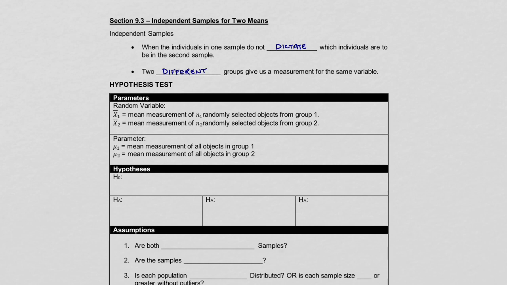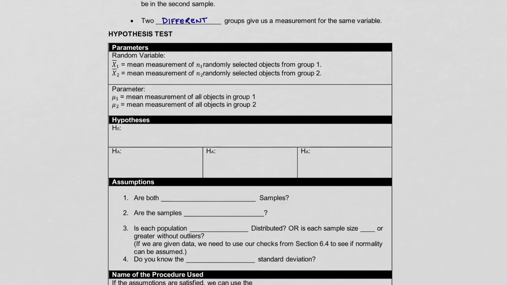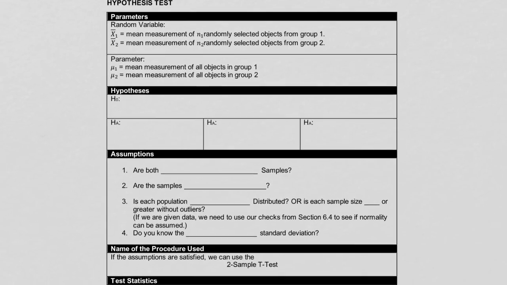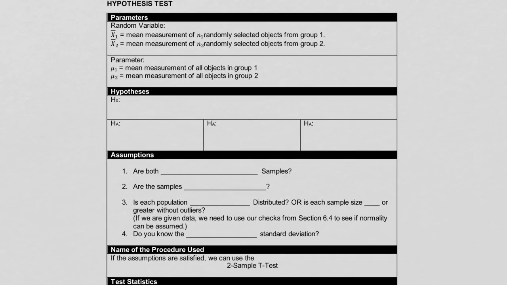So we're going to move to hypothesis testing. So I already have this laid out for the top because we've done this so often already. So x1 bar and x2 bar, this is going to be the mean measurement of n sub 1 randomly selected objects from group 1.